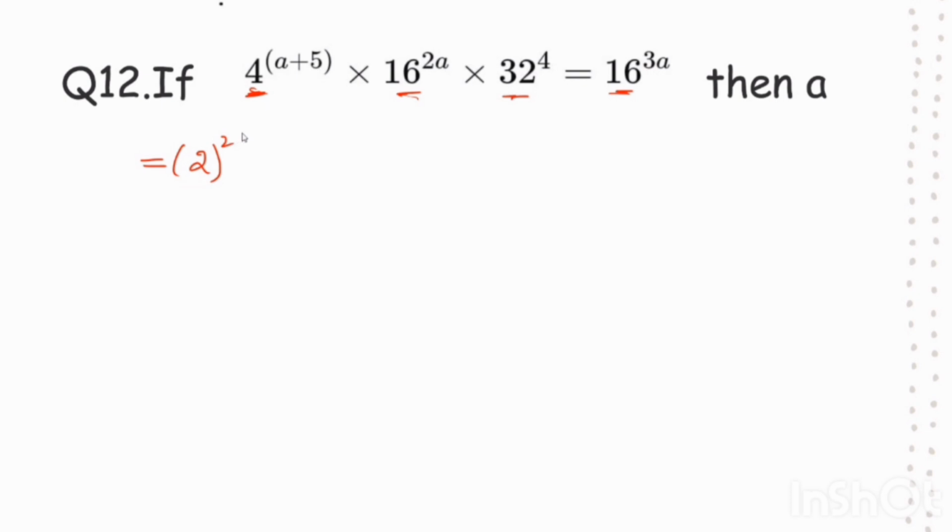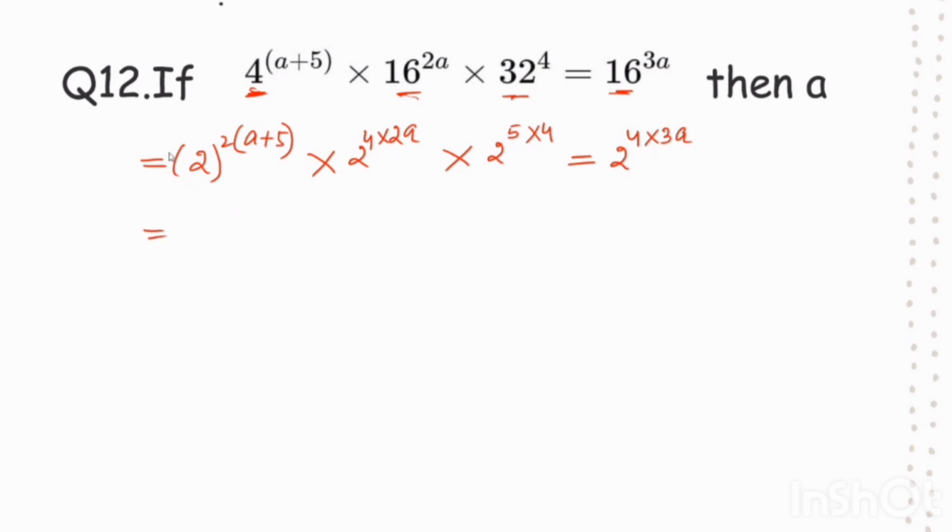That means we can directly multiply a plus 5 into 2, so 2 to the power 2a plus 10, into 16 is 2 to the power 4 into 2a, into 32 is 2 raised to the power 5 into 4, it is given, equal to 2 raised to the power 4 into 3a.